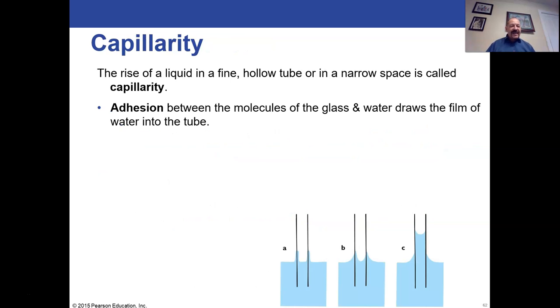All right. So related to surface tension is a concept called capillarity, more commonly known as capillary action, which you may have heard of. In capillary action, it's the rise of liquid in a fine hollow tube or in a narrow space. And what that means is liquids like water will start to rise up inside the tube.